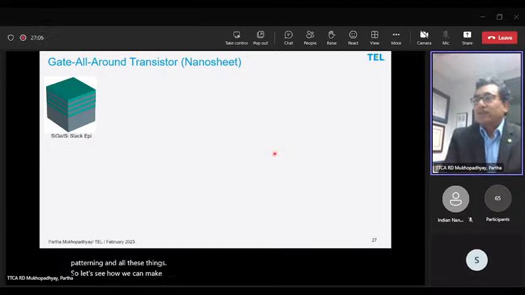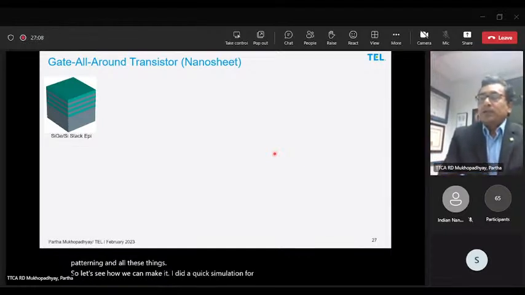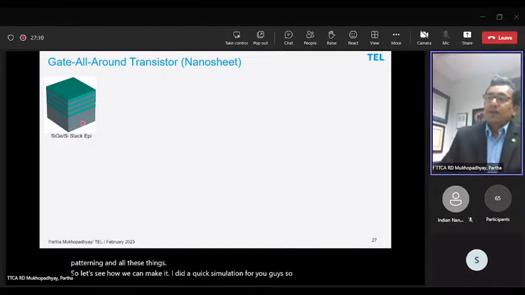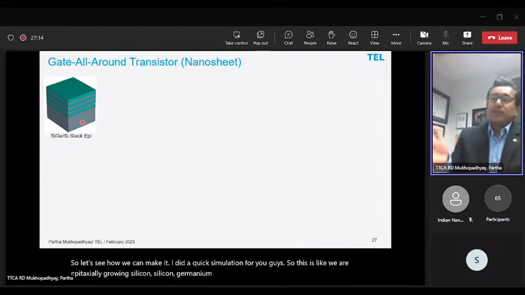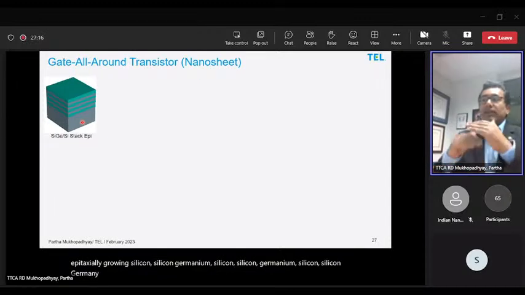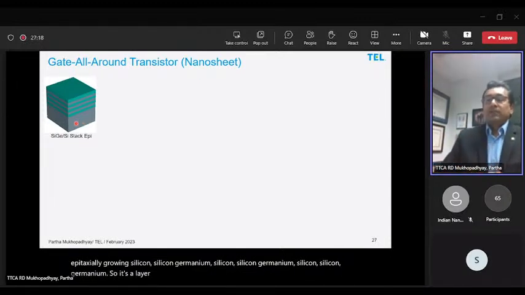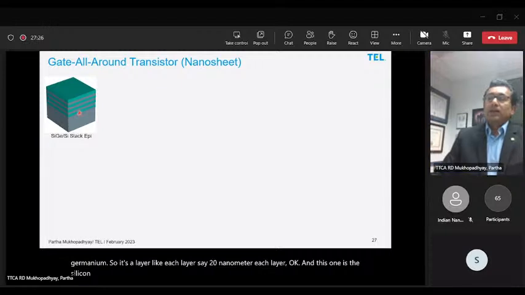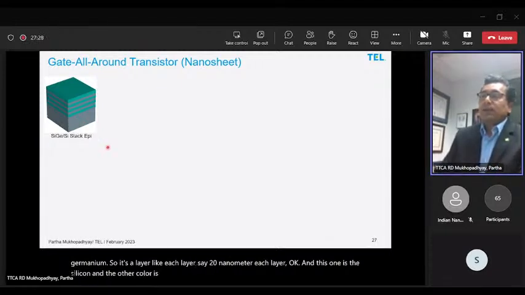I did a quick simulation for you guys. We are epitaxially growing silicon, germanium, silicon, germanium, silicon, germanium. Each layer is, say, 20 nanometers. One color is the silicon, and the other color is the silicon germanium.